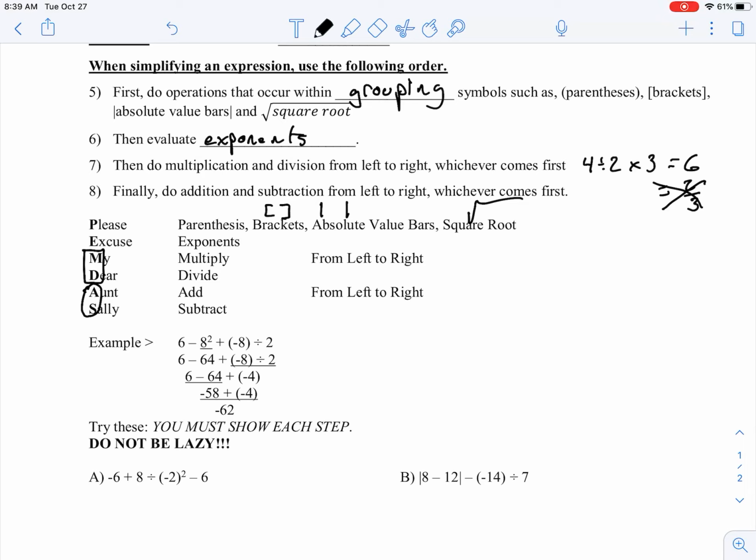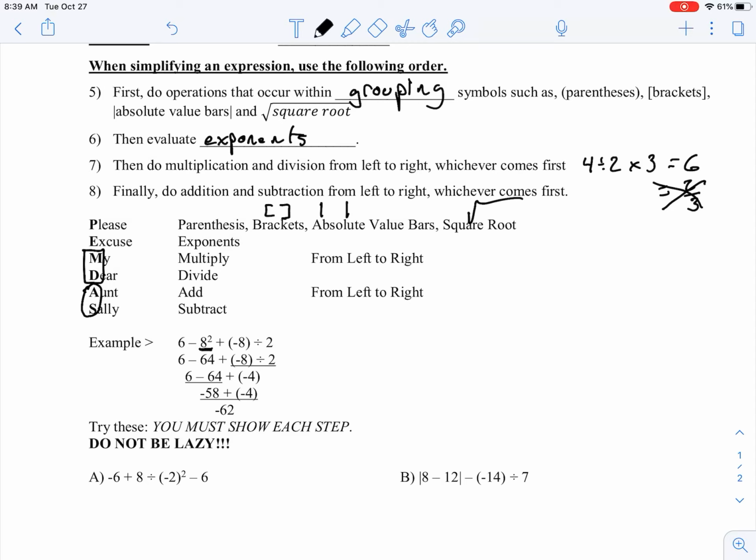So in their example here, there's nothing we can do inside of parentheses. That parentheses houses the -8 just because we don't like to have 2 symbols in a row, an add and a minus, so we put parentheses around it. But there's nothing we can do inside of the parentheses. So here they evaluated the exponent first, which brought us down to 64.